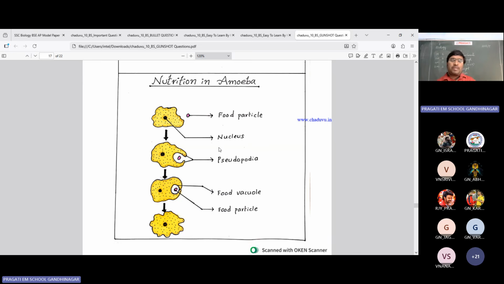Based on that explanation, you should draw this type of diagram. They may ask diagram or explanation. Food particles are captured by the amoeba with the help of pseudopodia, which form a food vacuole. This is the representation of nutrition in amoeba.